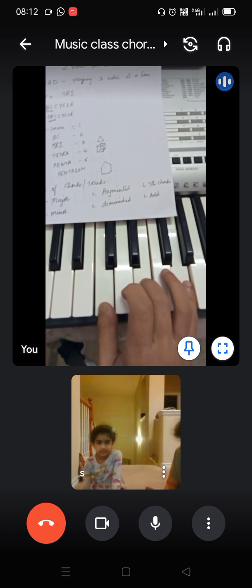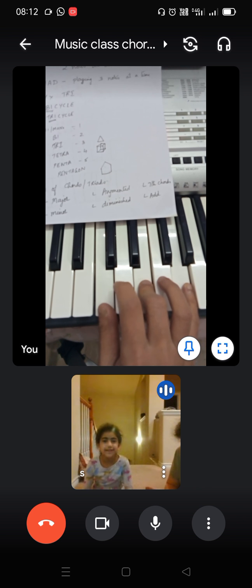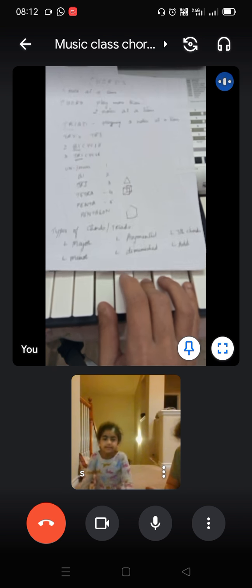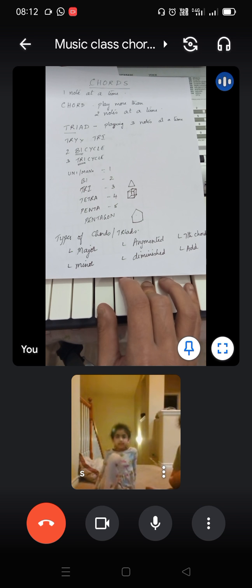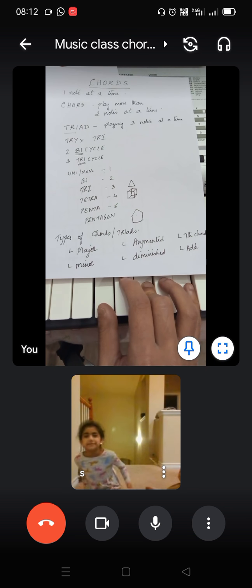So how many notes am I playing now, Meghana? Right now you are playing 3 notes, which is called a triad. So when you play three notes, that is called a triad. What is the meaning of triad? Triad is like triangle, right? Three.